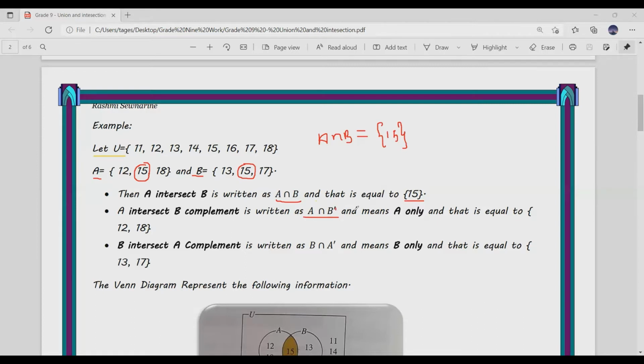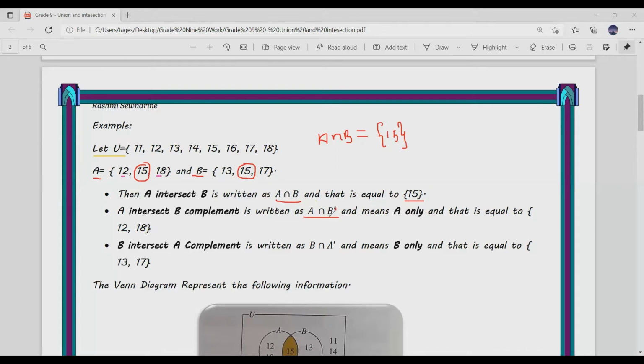So A intersect B complement means A only, and that is equal to 12 and 18. Now, A only stands for the elements that are only in A. So after we have highlighted the intersection, A only is going to be the 12 and the 18.